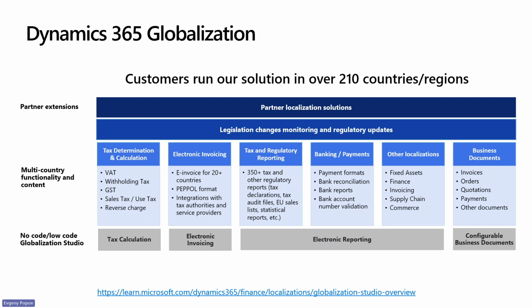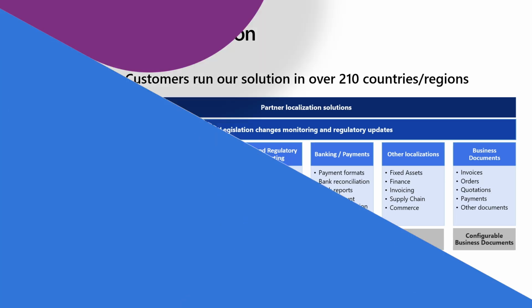Currently, we can see from our telemetry that our solution is used in more than 200 countries or regions across the globe, which is supported by the three globalization strategy components.